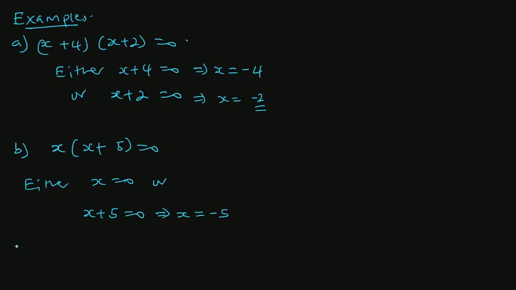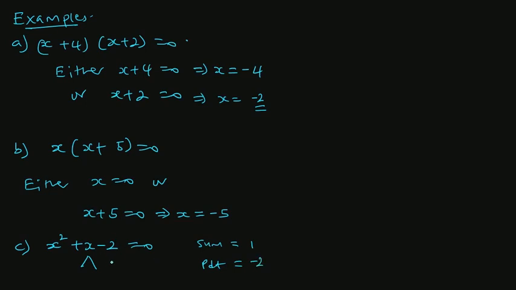Okay, let's look at more examples. Part C: if you have x squared plus x minus 2 equals 0. Now here we have to find our factors. Here we've not been given the factors. Now this is where we go to factorization. We said find two numbers so that the sum is equal to the coefficient of x, which is 1, and the product should be equal to this constant term here, which is negative 2.